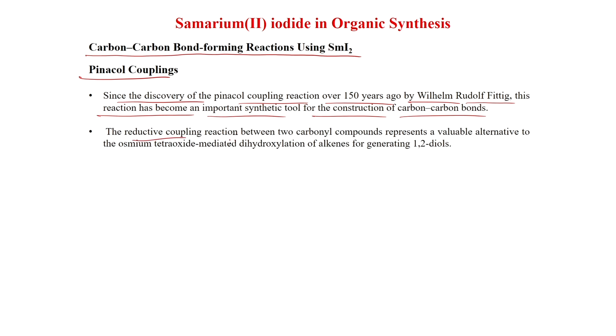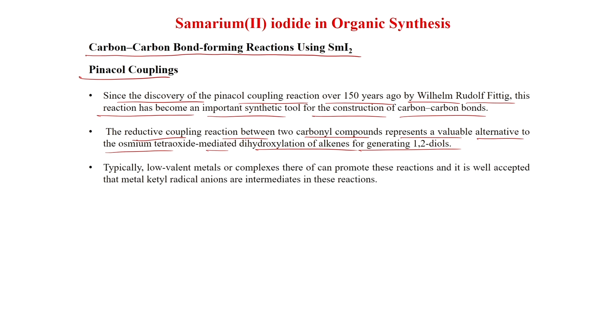The reductive coupling reaction between two carbonyl compounds represents a valuable alternative to the osmium tetroxide mediated dihydroxylation of alkenes for generating 1,2-diols. So, this is very important, this is an alternative to the osmium tetroxide mediated dihydroxylation.